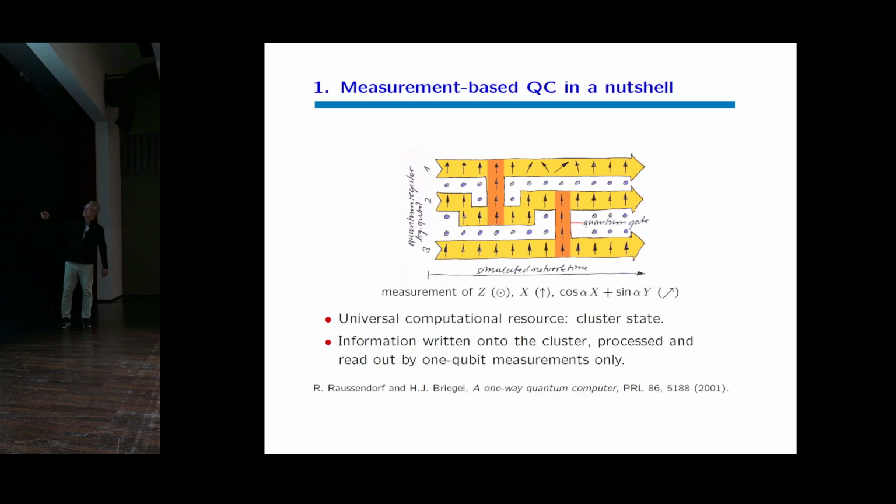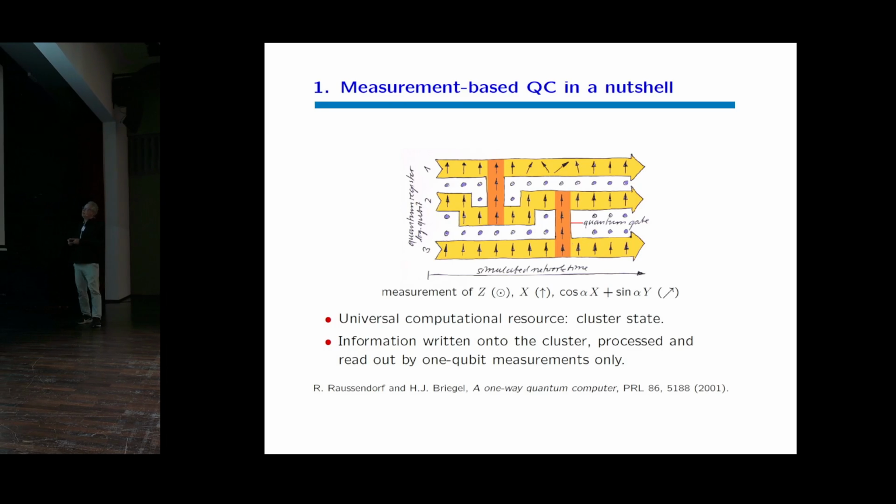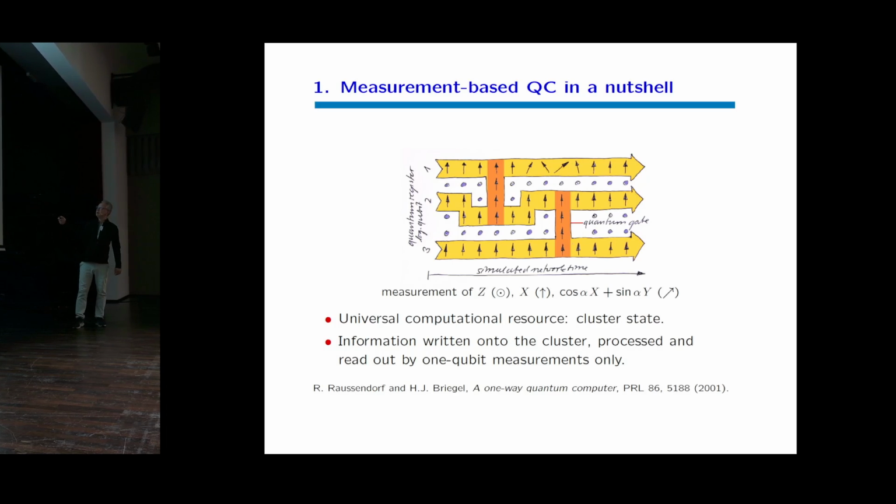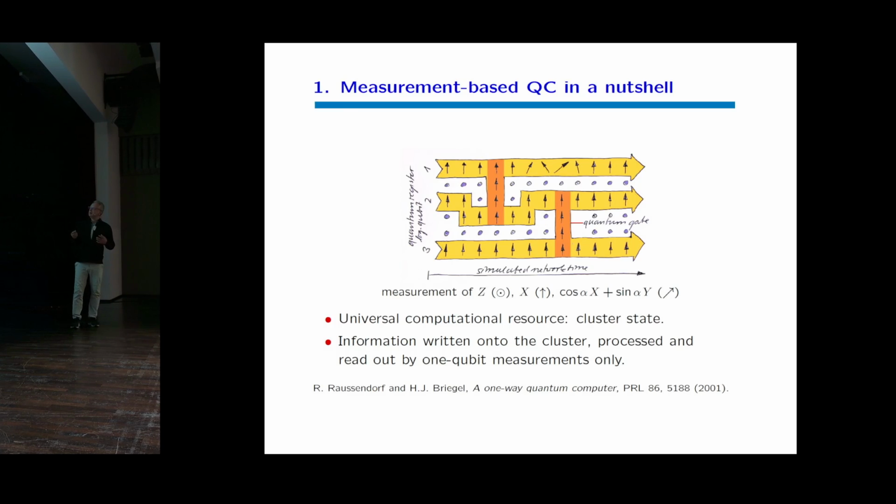You have these wires running from left to right, and indeed, logical information is teleported along as you measure, and then you can couple these wires by these bridges, and that will make entangling gates. When you change the measurement basis, you do 1 qubit rotations. So this is the picture we want to develop here, the measurement-based quantum computation as a simulator of quantum circuits. That is how you do the universality proof.